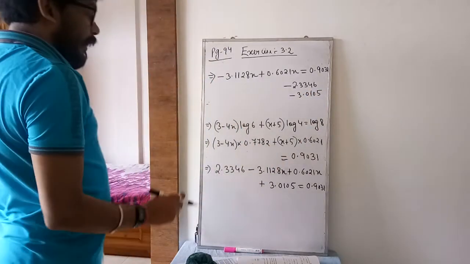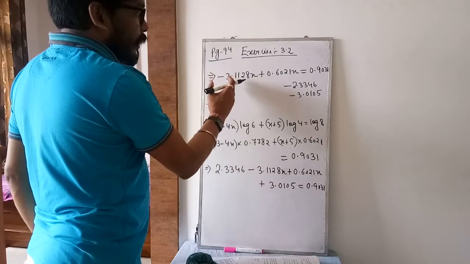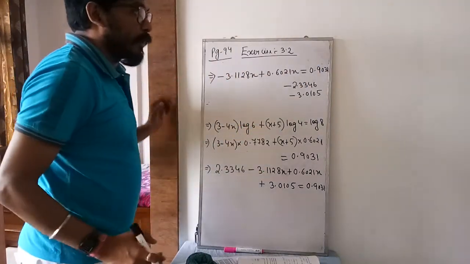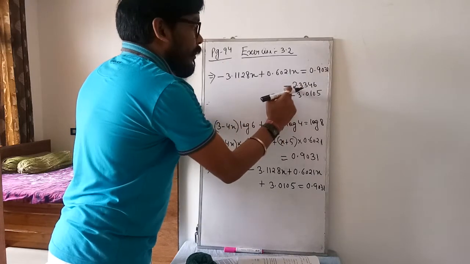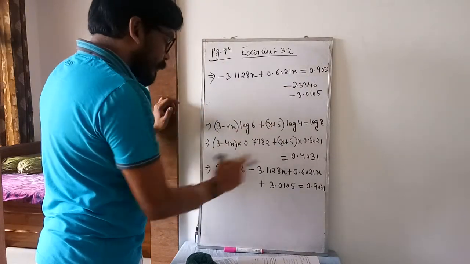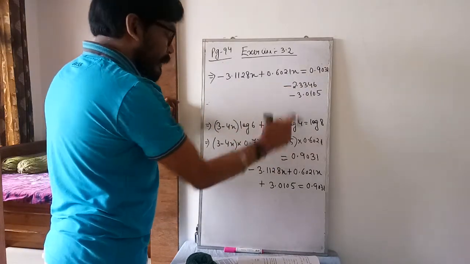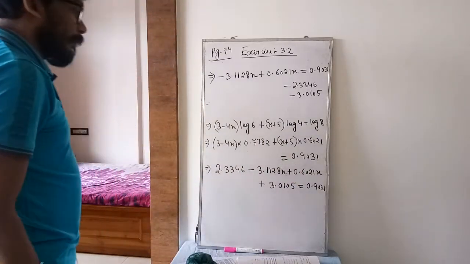I repeat again, the x term is kept on the left hand side and the terms without x on the right hand side. So it is 0.9031 plus 2.3346, and this one goes to the other side, becomes minus, and this plus also becomes minus.